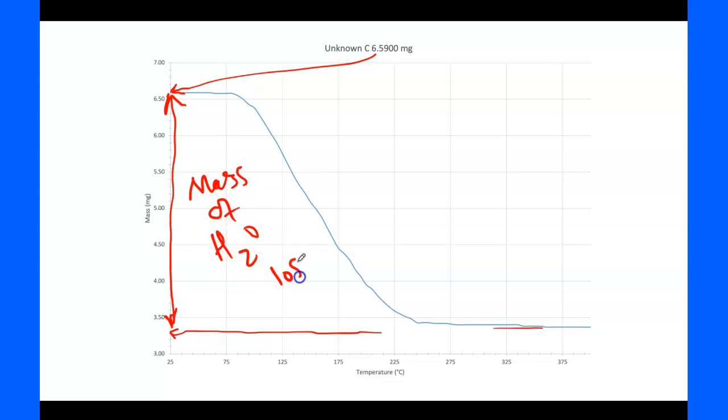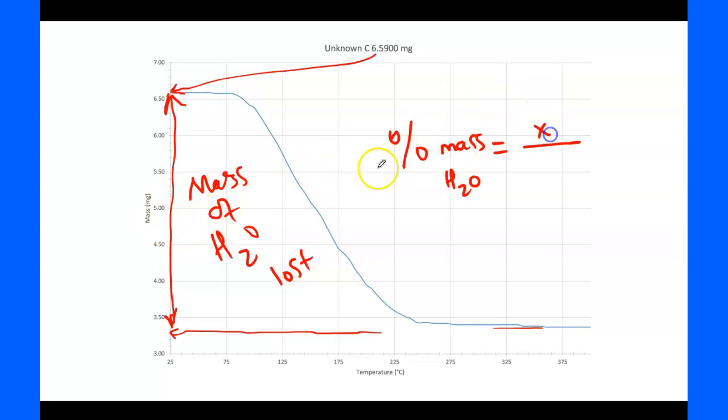Okay, so if you want to find the percentage mass using the TGA graph, percentage mass of water using the TGA graph is going to be equal to the mass of water lost, which is what you got here.